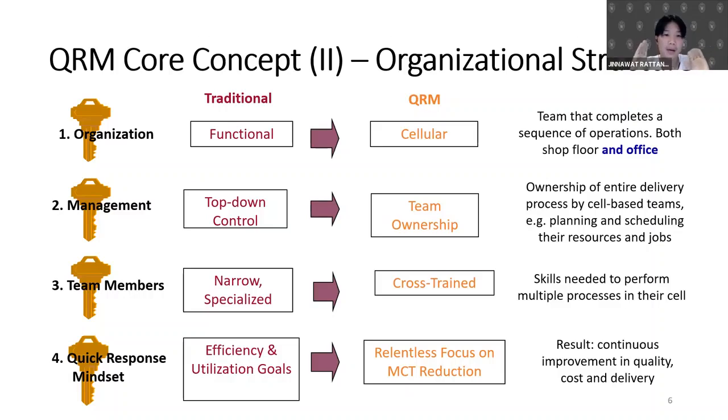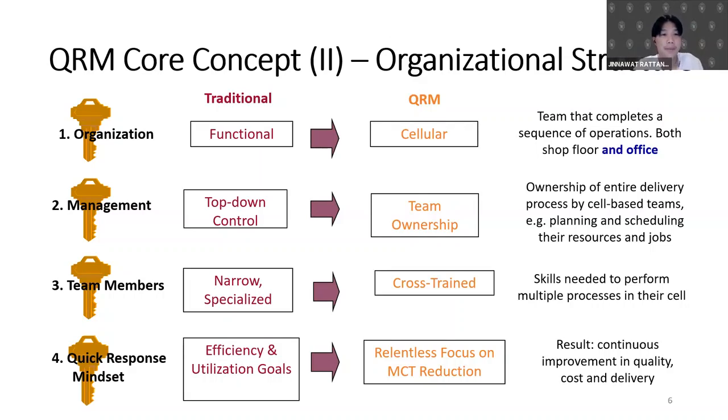Instead of the functional approach, where we have one type of machine in this room and another type of machine in another room, we assign a team at each cell. The team completes a sequence of operations, and we can have teams on both the shop floor and the office.